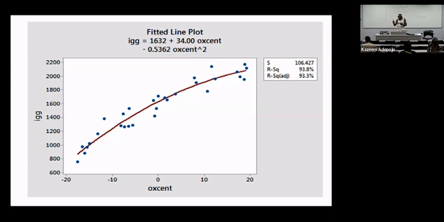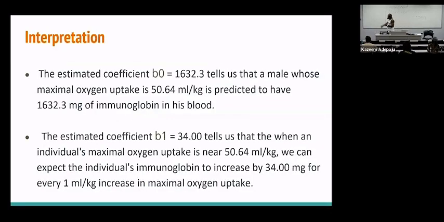Okay, how is it going to be? I need you to pay attention now. How is it going to be? The interpretation of the intercept, take a look at this, the estimated coefficient, tells us that a male whose maximum oxygen uptake is 50.64 is predicted to have that. Where is the 50.64? The 50.64 is going to be the mean.